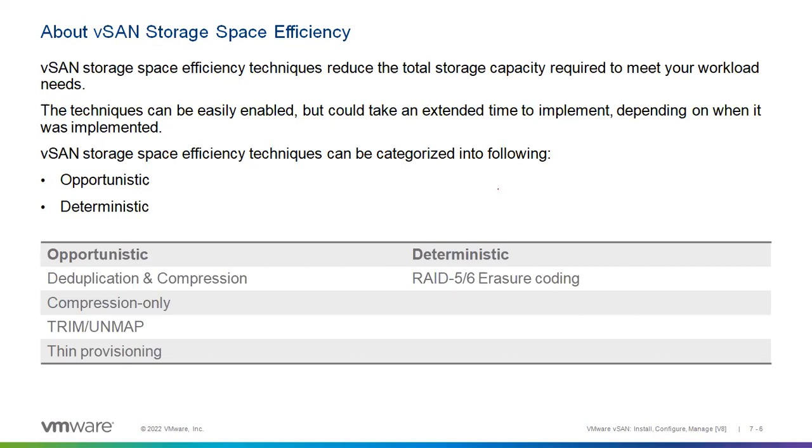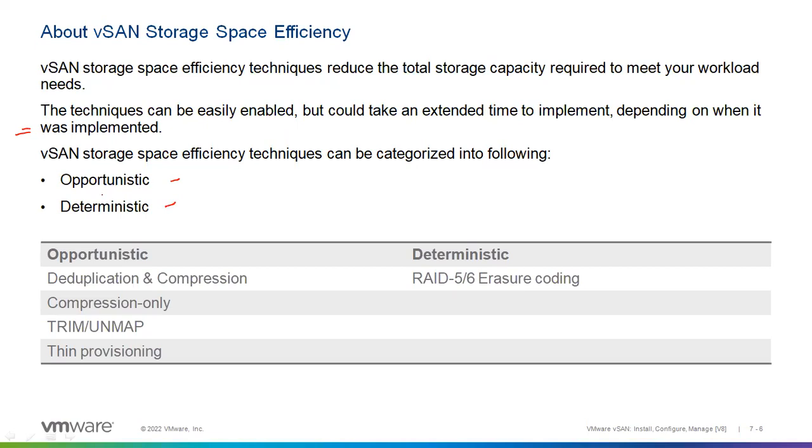So from a storage efficiency perspective, we'll see a number of technologies typically used. The techniques can be easily enabled, but could take extended time to implement depending on where and how we are implementing them. Storage efficiency techniques can be categorized into opportunistic and deterministic.